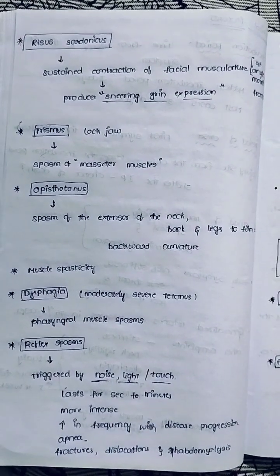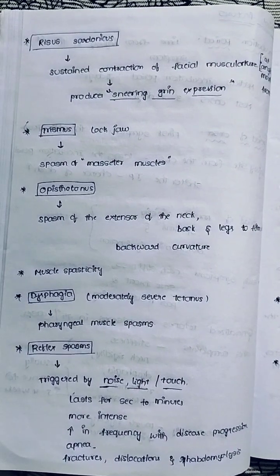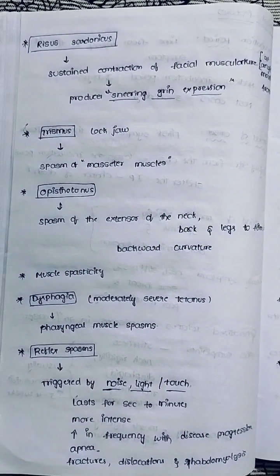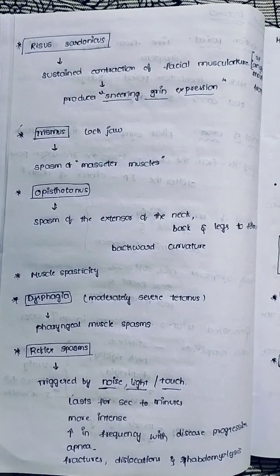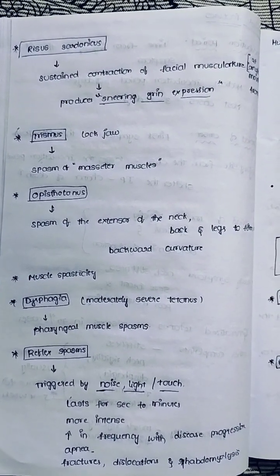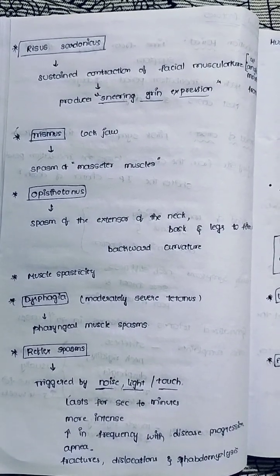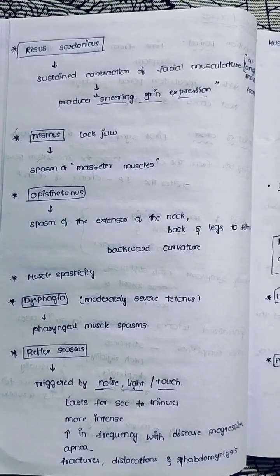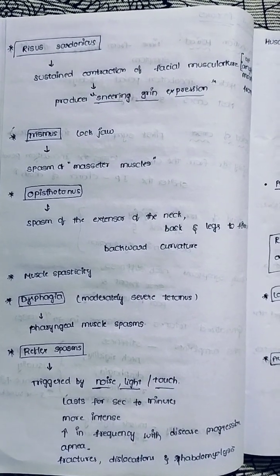Another is muscle spasticity, and dysphagia with pharyngeal muscle spasms. Reflex spasms are triggered by stimuli such as noise, light and touch, last for seconds to minutes, and become more intense and frequent as the disease progresses.